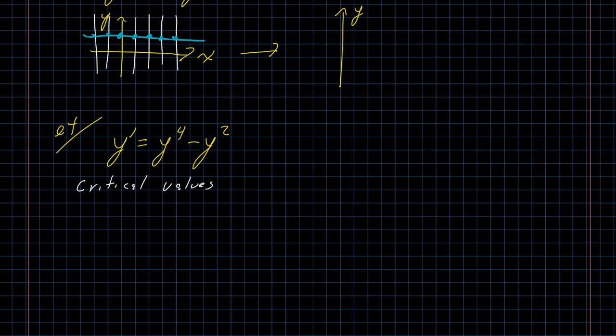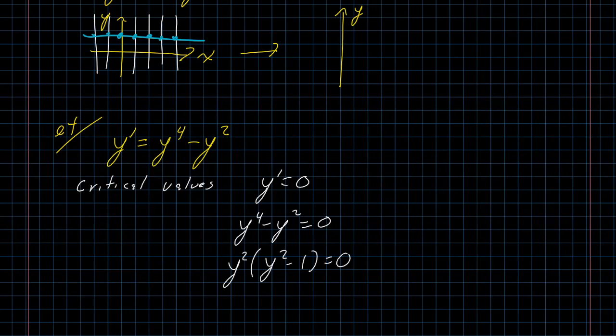And so we want to look for the critical values, the places where y prime is equal to zero. In this case, that means that y to the fourth minus y squared is equal to 0. We can solve this equation by factoring. There's a common factor of y squared that I can factor out. And when I do, it leaves behind y squared minus 1.